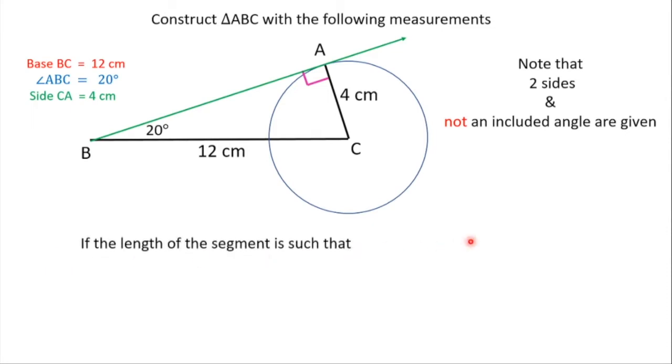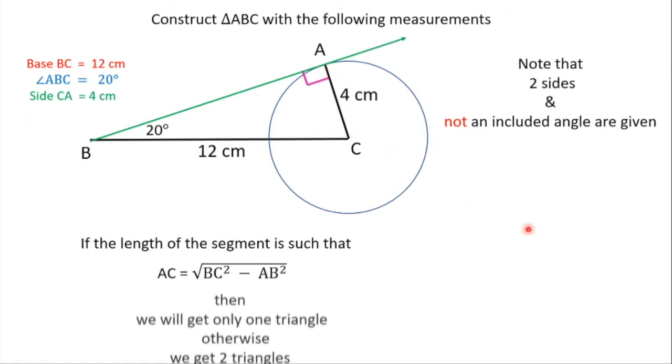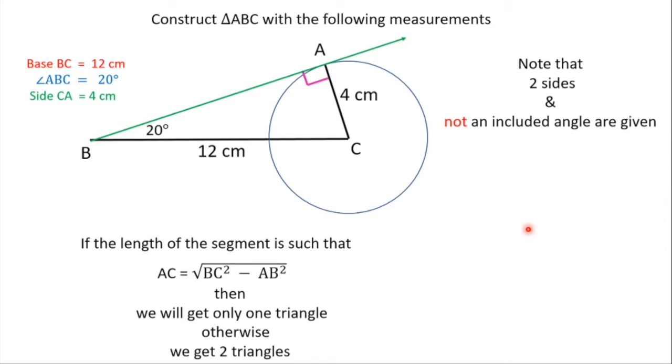So, if the length of the line segment AC is such that it is the square root of BC square minus AB square, and this measurement is given to us, then we can infer that we will get only one triangle. Otherwise, we are going to get two triangles.